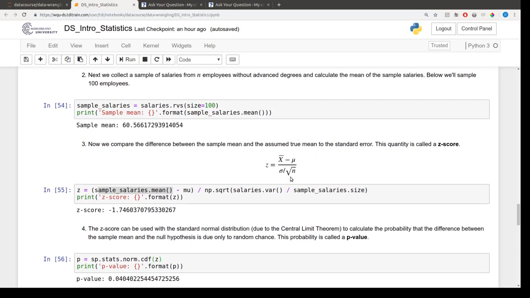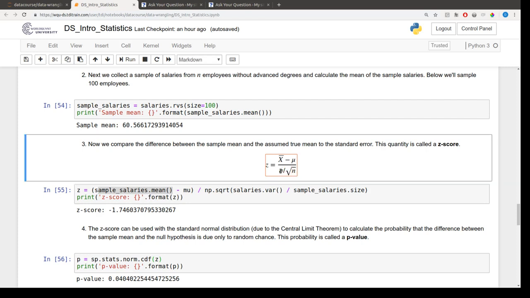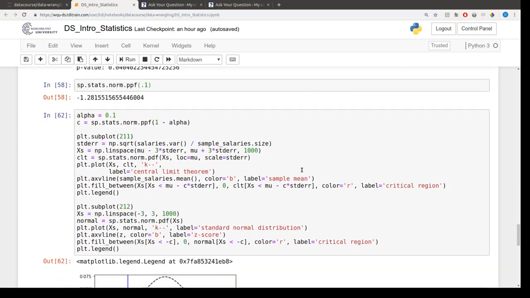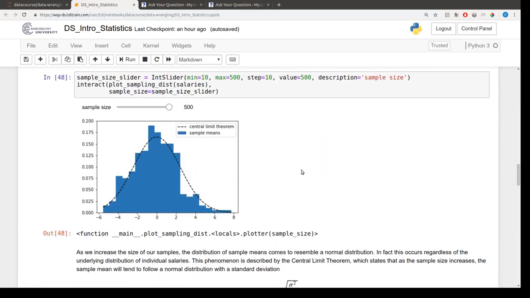So this lecture may be useful to reference back to when computing those z-scores, particularly when thinking about how to compute the standard error in the denominator of the z-score. Remember, the standard error is the difference we would expect to see between the sample mean and an assumed true mean.